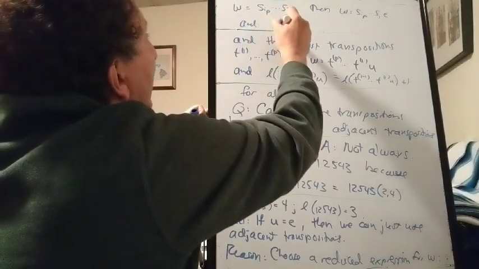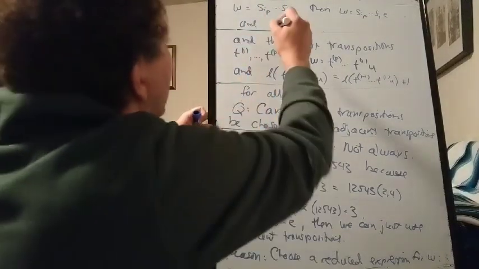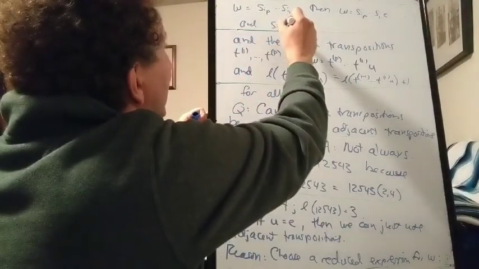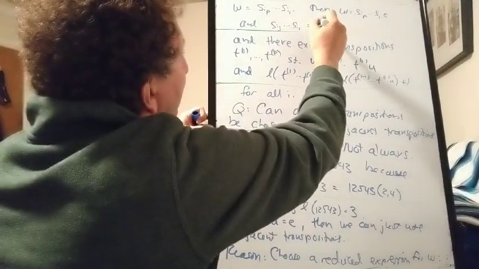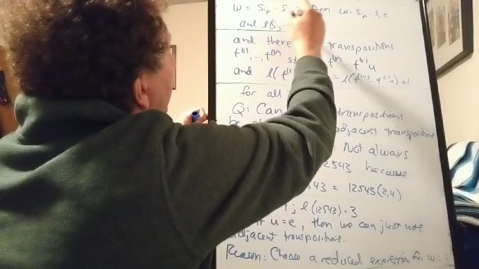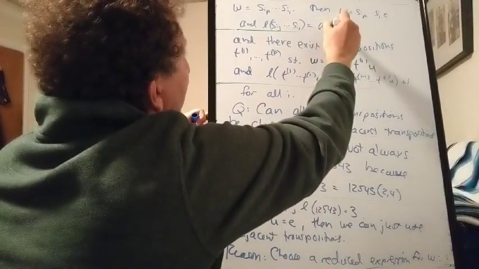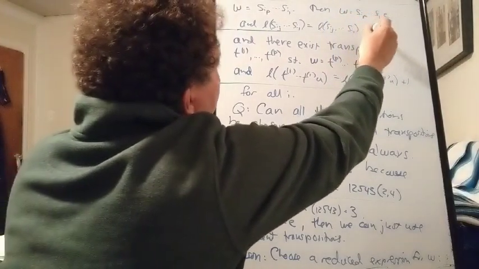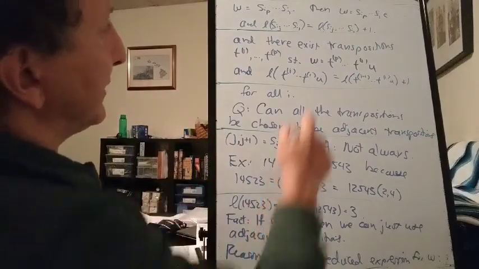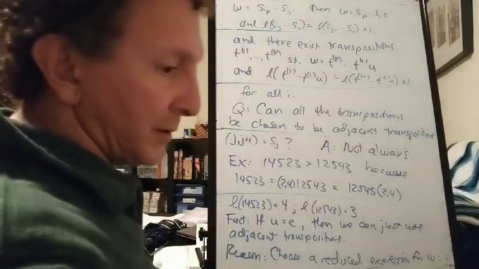And S_ij through S_i1 has length equal to S_i(j minus 1) through S_i1 plus 1. So obviously every time we add a generator we're making the length go up exactly 1.